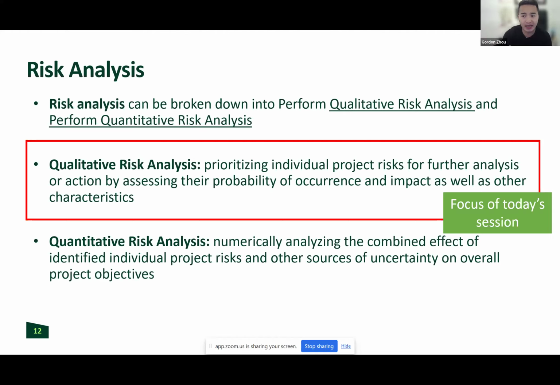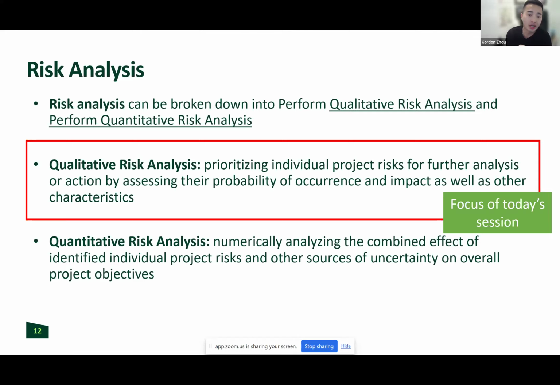How likely is that risk going to occur? That's the first metric. The second metric is, if that risk were to happen, how big or how major of an impact would that be? Okay, so that's qualitative. It is often based on judgment, but using those two metrics.